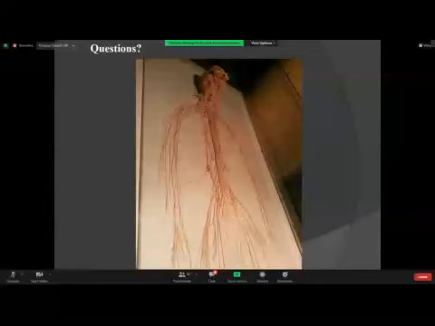Sir, as you said the spinal cord starts from C1 to L2 in adults, then how is it in children? The same, well, it depends on the age of the child, but it can go down to the L3-4 region.